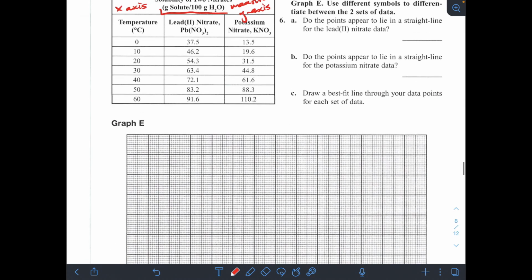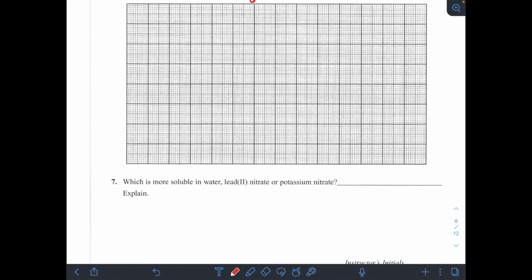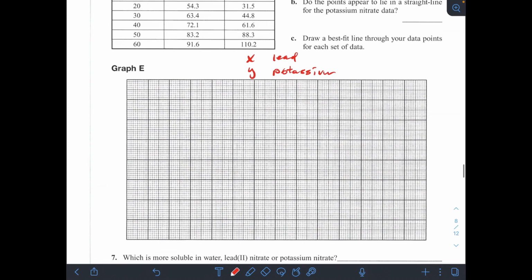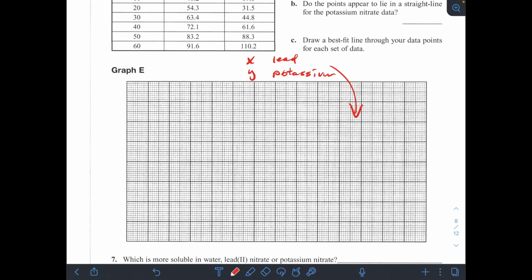Right, so for nitrate and potassium, I'm going to use a different symbol for each one. And then I need to also say what's what. So I'm going to say X is for the lead and Y is for the potassium. Okay, and actually I'll put that sort of key like here somewhere on the table, right? So I'll put an X for the lead, and let's not use a Y, let's use like a circle.